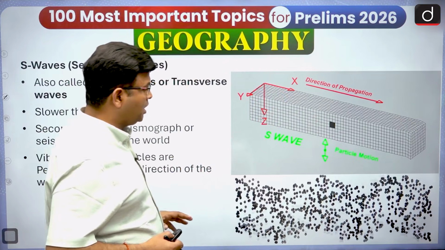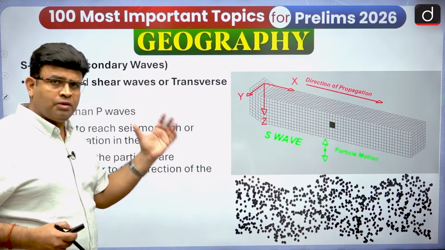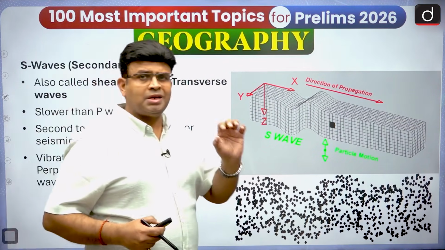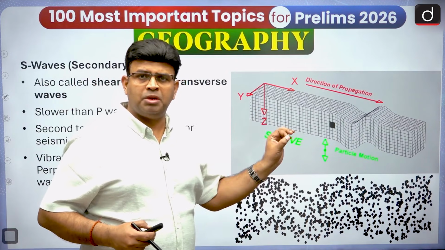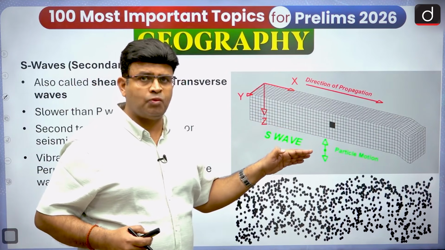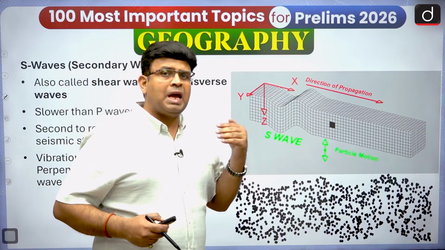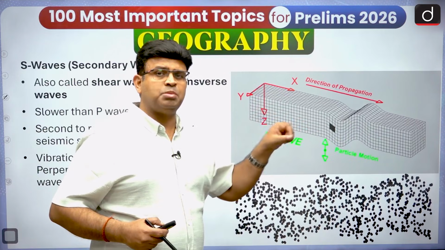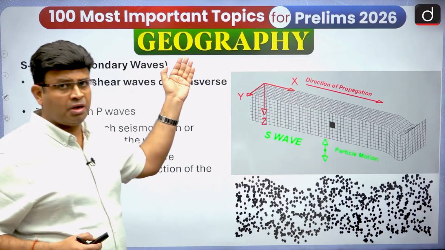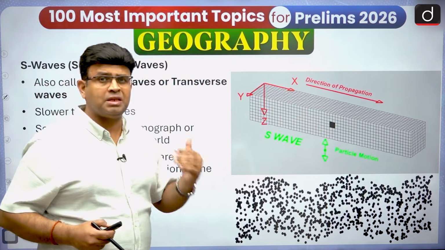Because of this nature, the S wave can only pass through a solid medium, it cannot pass through a liquid medium, and because of that its speed is less in comparison to P waves.